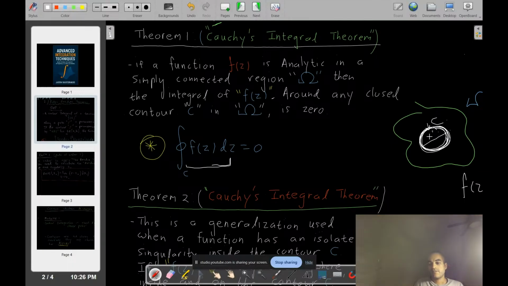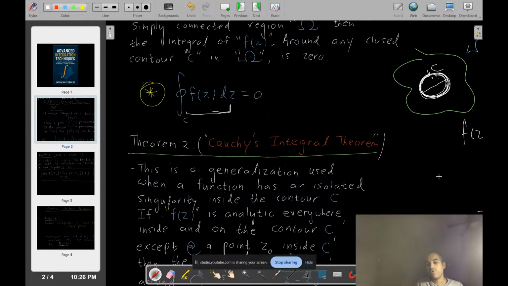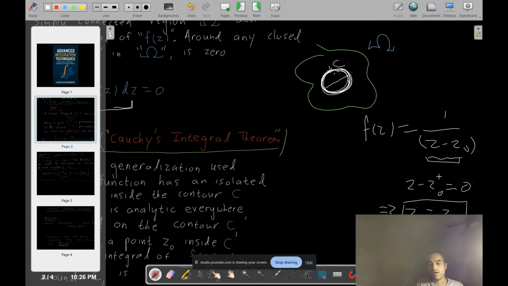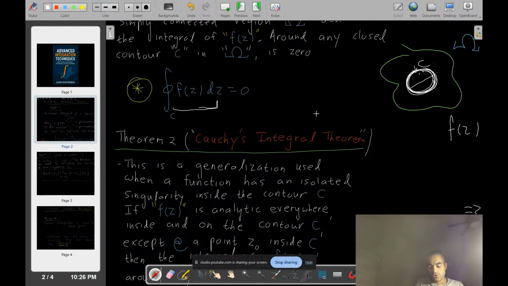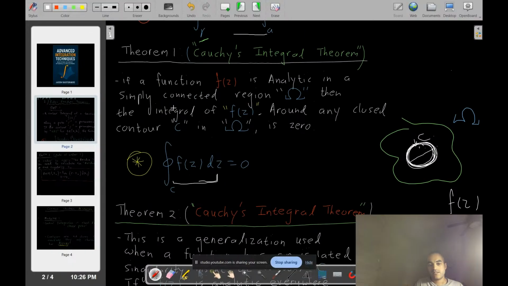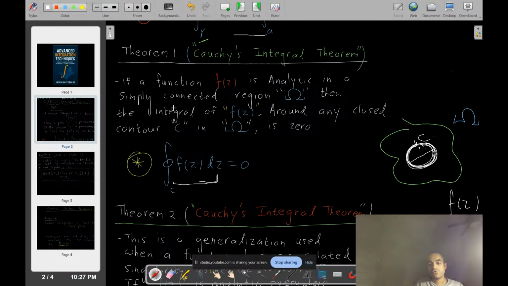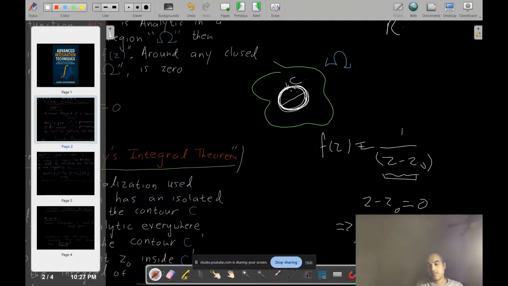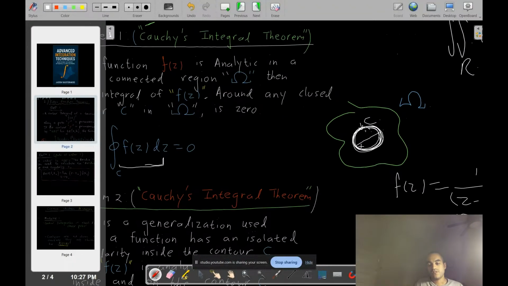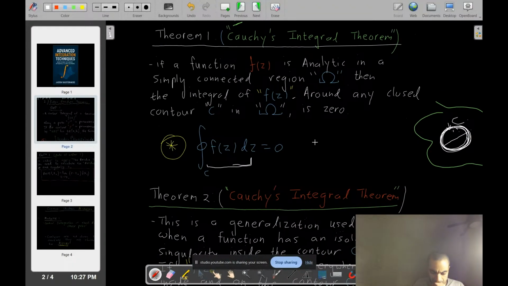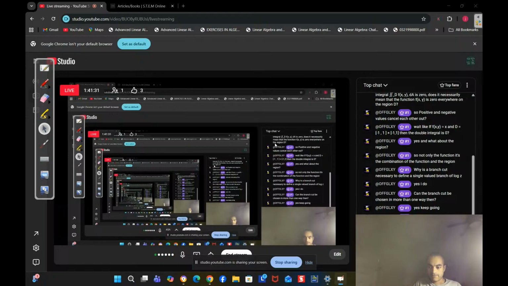If you sum up your poles, they'll give you a non-zero value, and that non-zero value is equivalent to this integral definition. As you can see here, this will violate Cauchy's integral theorem. So it needs to be analytic. It's analytic if you don't have residues that are giving you a non-zero value. I'm going to talk about residues below.